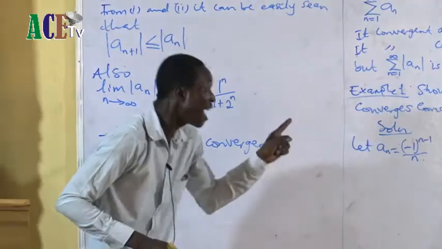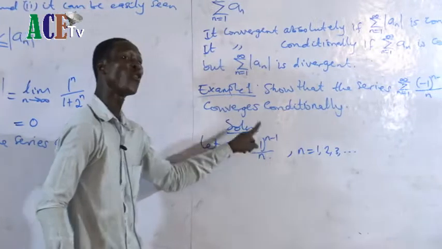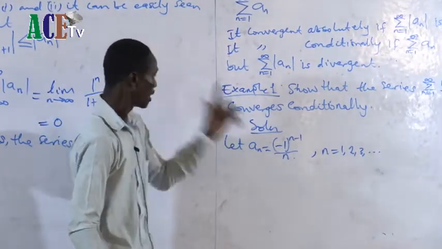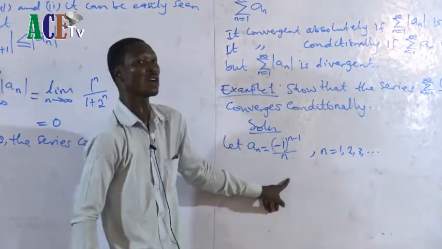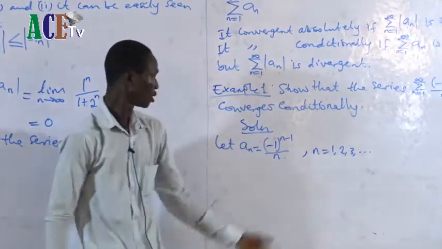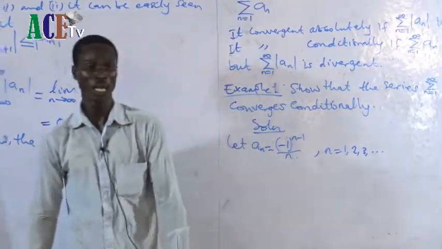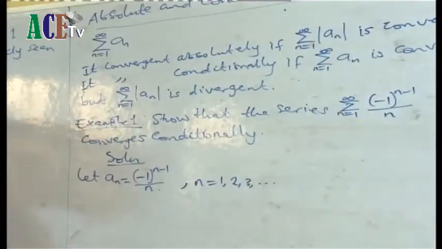It means n can never be equal to 0. If n is 0, this function will be undefined. Now, if n is 1, this one will be 0 over 1, which will give me 0, and so on and so forth. Then, that condition is good for us.